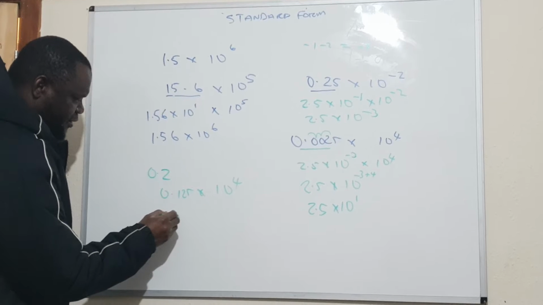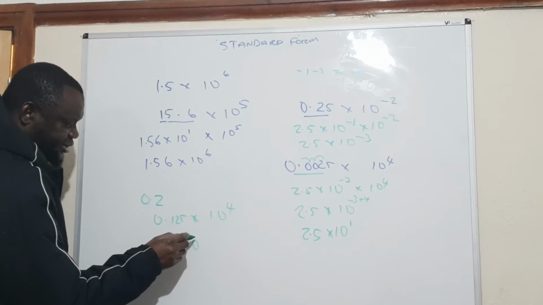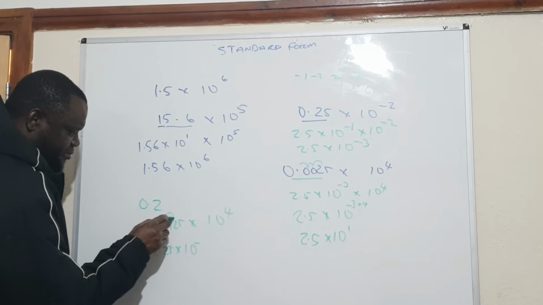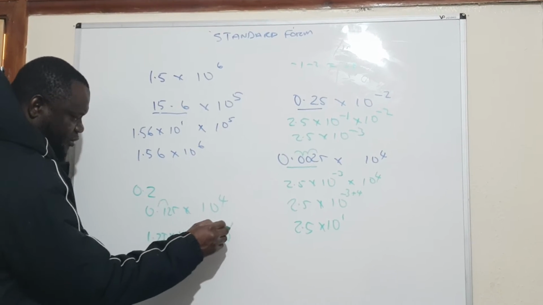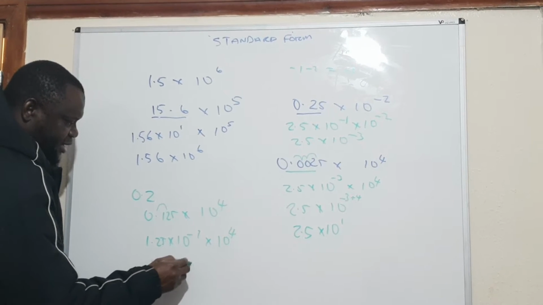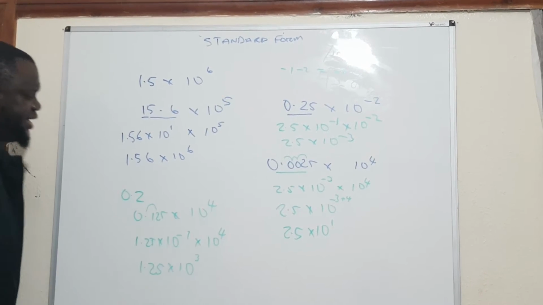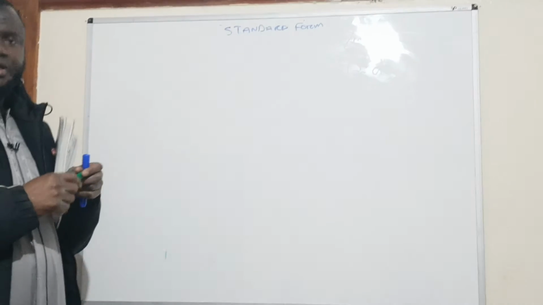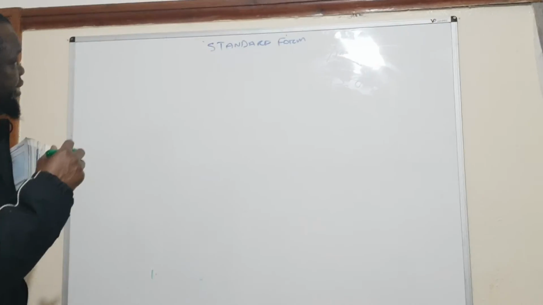This is 1.25 times 10 to the power minus 1, because the decimal place moved 1 place. Then multiply that by 10 to the power 4. So your answer is 1.25 times 10 to the power 3. Minus 1 plus 4 is 3.